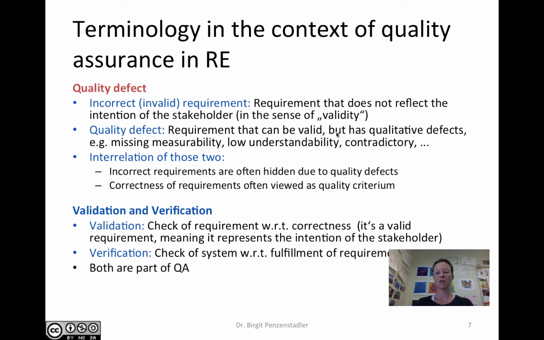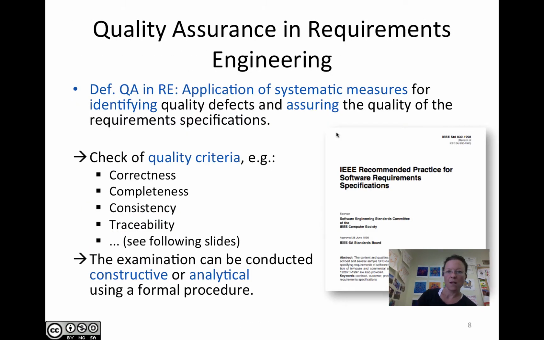So validation is where we check the requirements with regard to correctness, and verification is to check whether the system fulfills the requirements, and both are part of quality assurance. Quality assurance in requirements engineering specifically means the application of systematic measures for identifying quality defects and assuring the quality of requirement specifications.